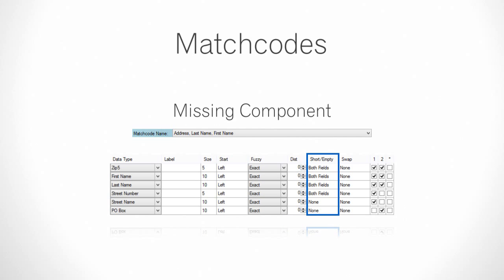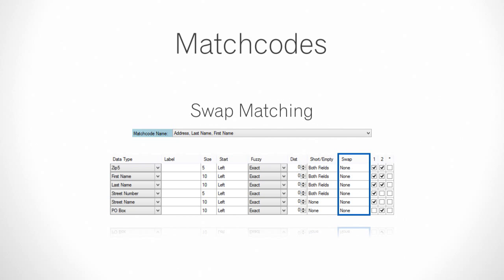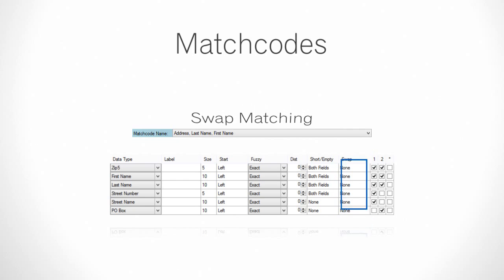Missing component. The short empty setting specifies if two records can match even if a particular component is blank. Swap matching. If the values of two components are reversed between two fields or potentially reside in multiple fields, swap matching will compare the values across the fields in addition to comparing the default mapped-in field.